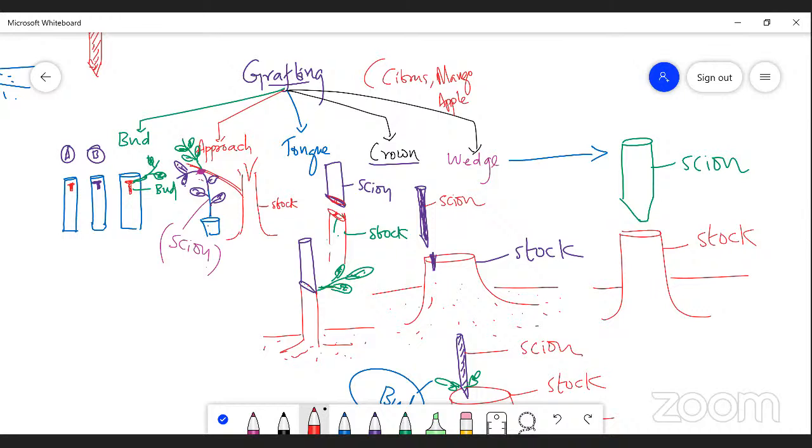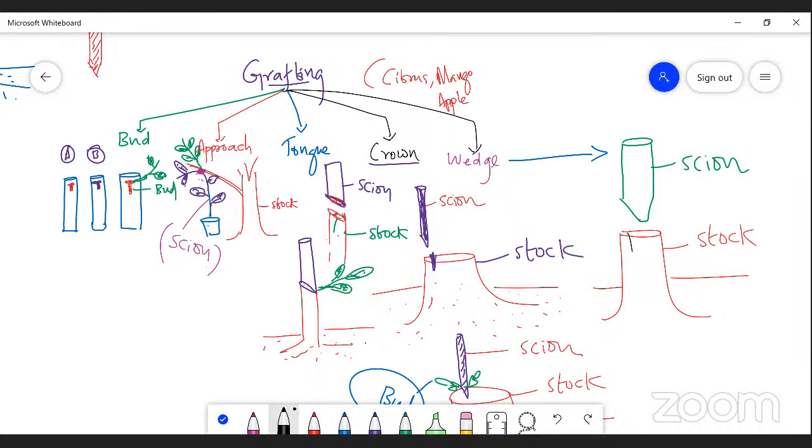And the end of the scion is sharpened into a wedge shape, and on the surface of the stalk a cleft is made. I mean a cavity is made.